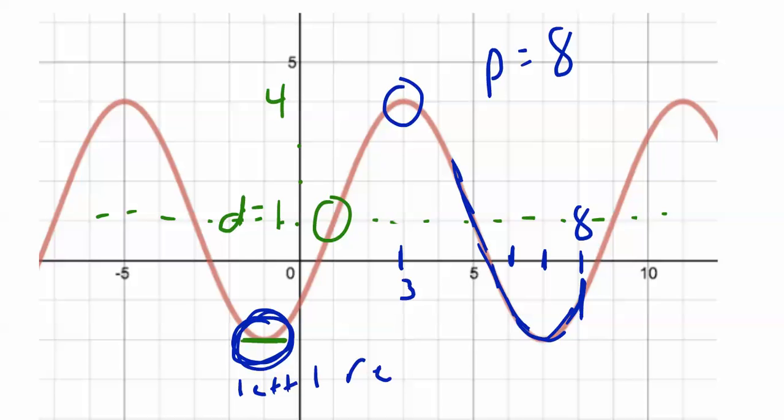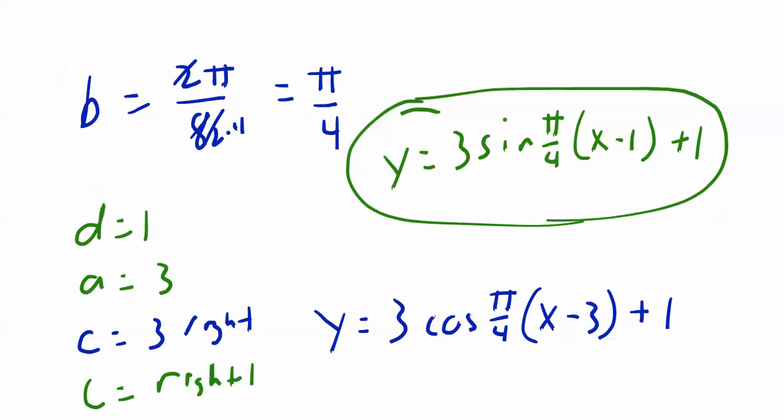So reflected cosine, left one. All right, let's remember that. So if I want to do a reflected cosine, that means I need a negative in there, and left one means this needs to turn into a plus 1.